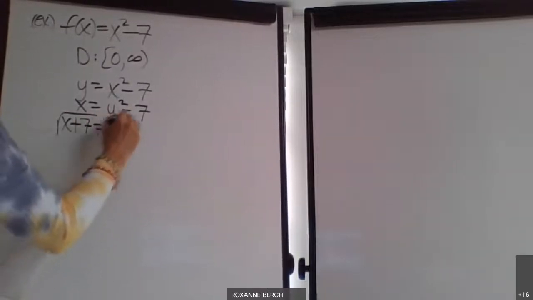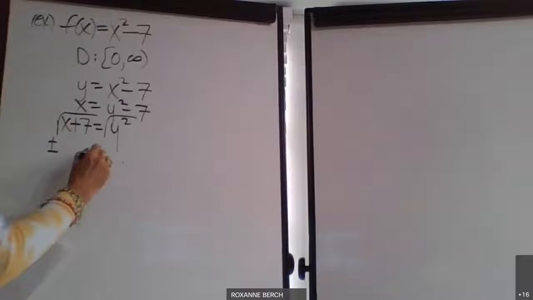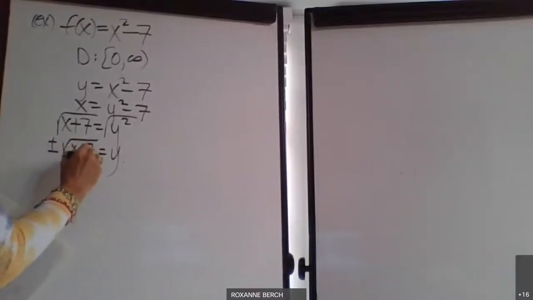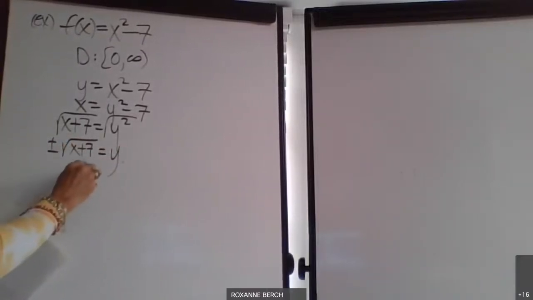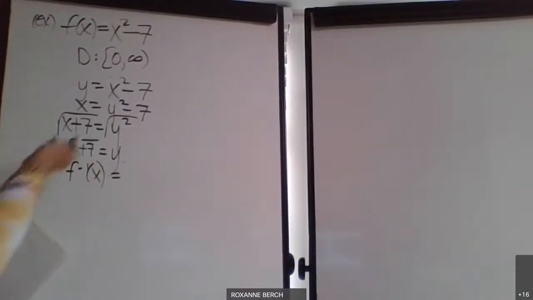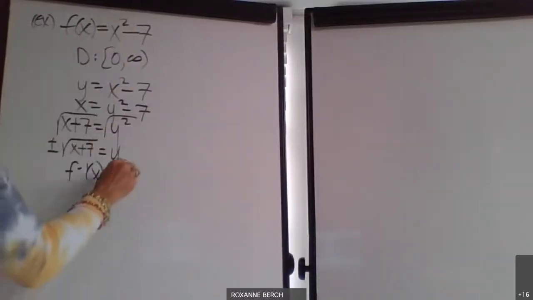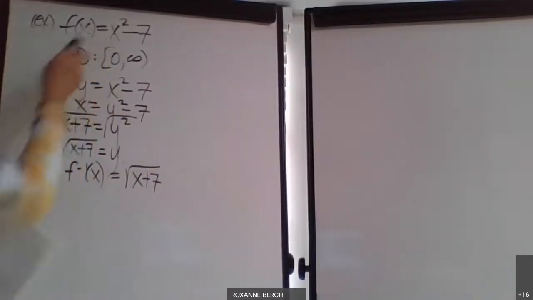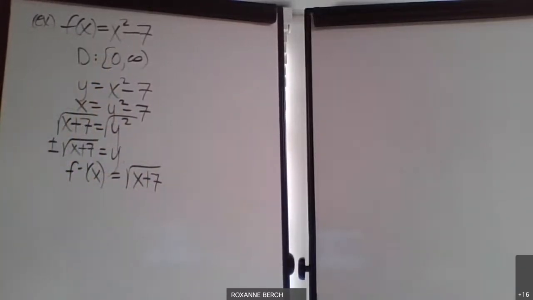Take the square root of both sides. Don't forget plus or minus. Change y to the notation f inverse of x. And throw out the negative because we restricted the domain of the parabola. So this is the parabola, the parent shifted down 7. This is square root shifted left 7.